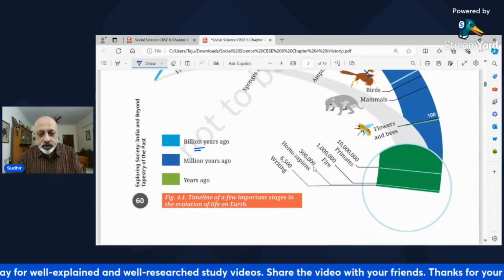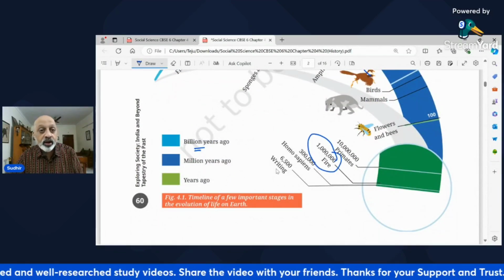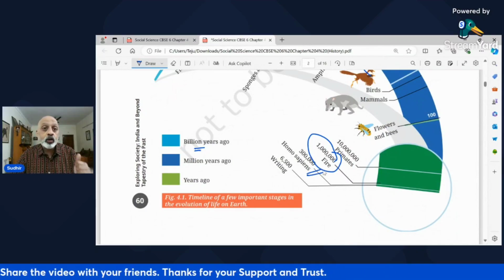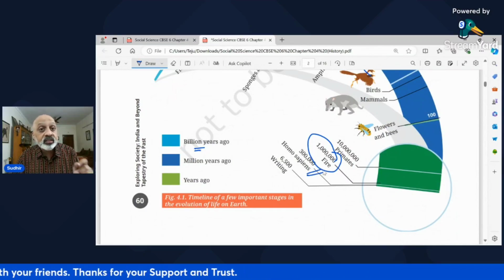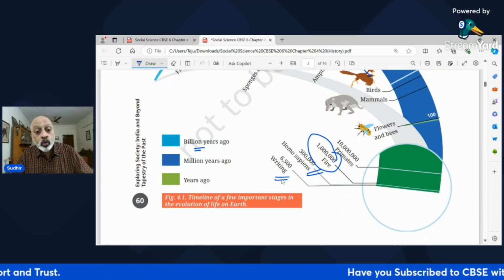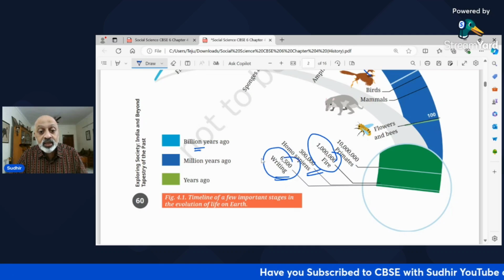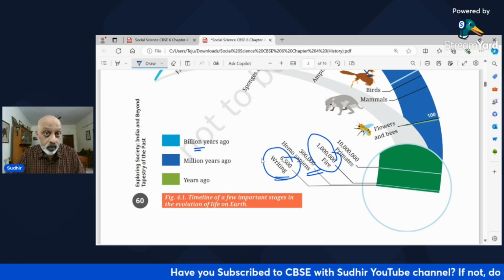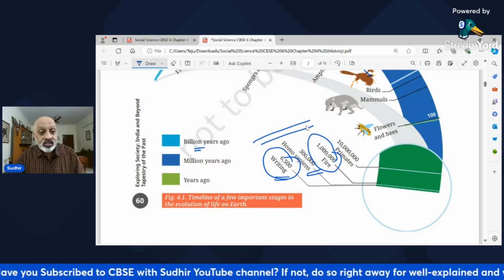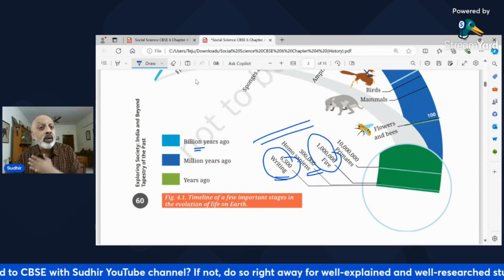Then more interestingly, you had the discovery of fire about 1 million years ago. Then you had the human beings coming into existence about 300,000 years ago. And then you had the ability to write, which happened about 6,500 years ago. Okay, so these three are more recent occurrences, whereas these are all in billion and million years ago.